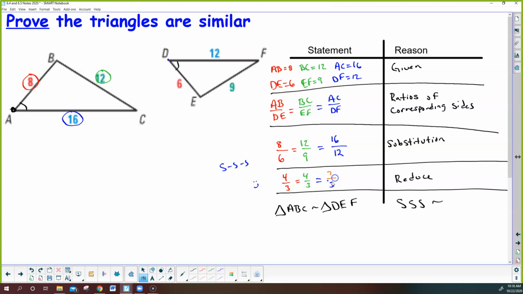What if this ended up being a 7? Does side, side, side work? No, because the scale factors are not all the same. So if one of them is off, then we would say these are not similar and we couldn't finish the proof. Okay. Now, I'm going to put that back to normal. There we go. So since they are all equal, side, side, side works.